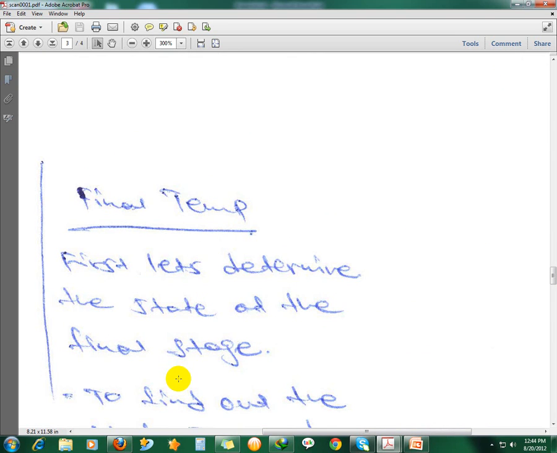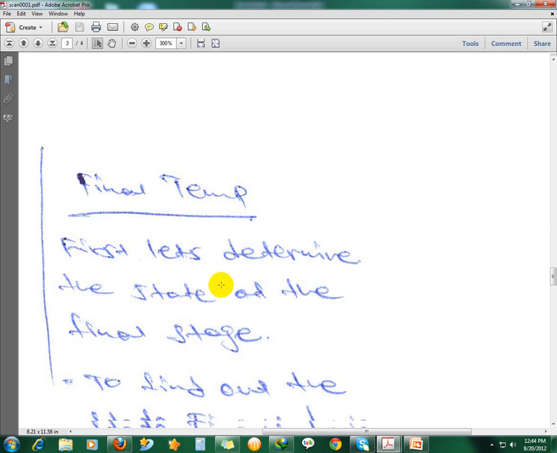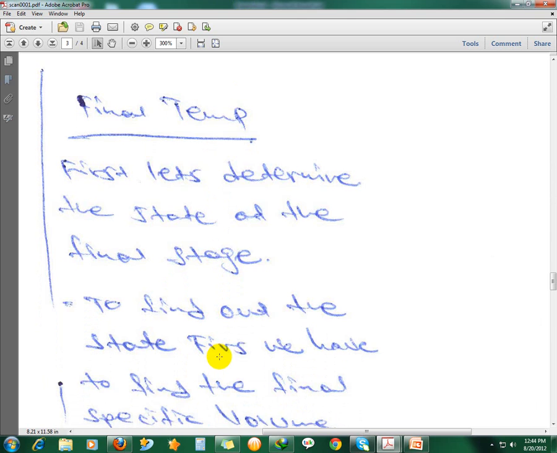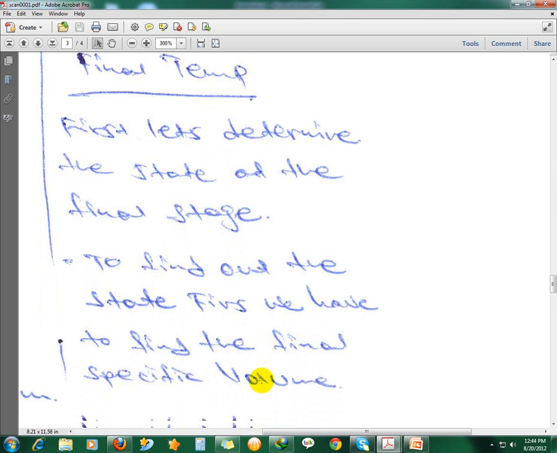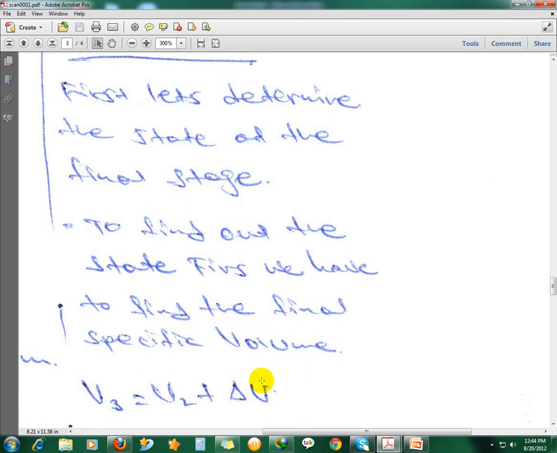So to determine the final temperature, first we have to determine the final stage to use the water table. To find out the state, first we have to find out the final specific volume, because in stage 3 we have only P3 pressure. So to determine the state, we need two properties.